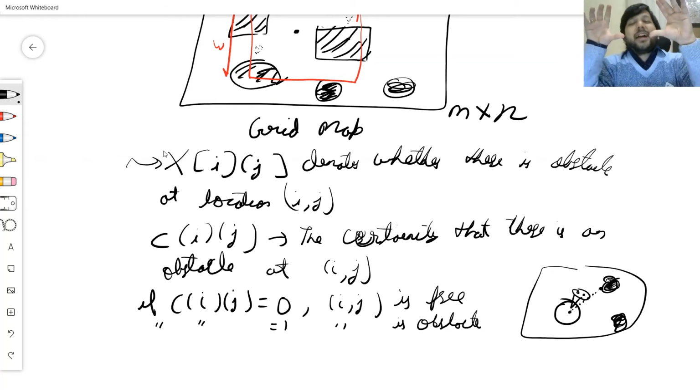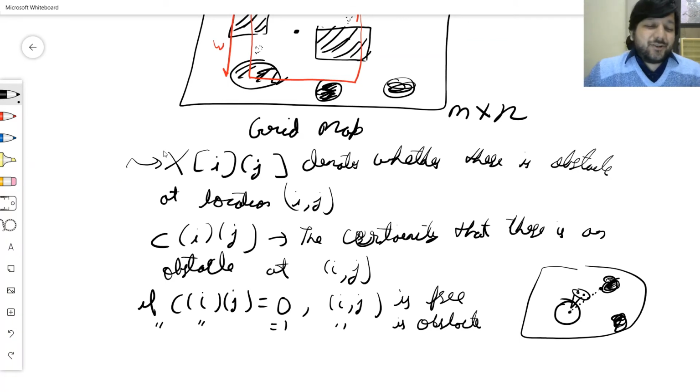Let your stereo camera look at an obstacle, do the triangulation depth analysis, plot that point as an obstacle. Let your sonar sensors detect an obstacle, plot it as a black mark on this canvas. So I start with an obstacle-free white canvas, and as my sensors invoke something, I keep on putting black dots.